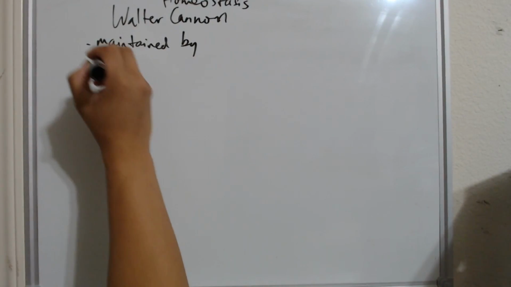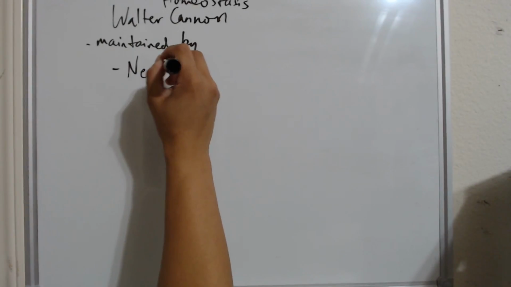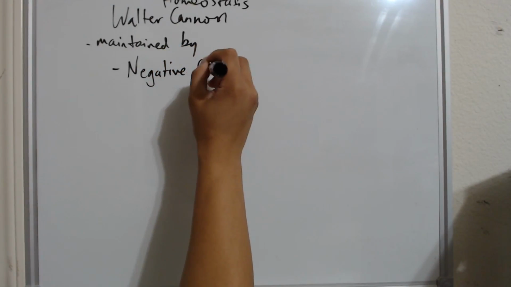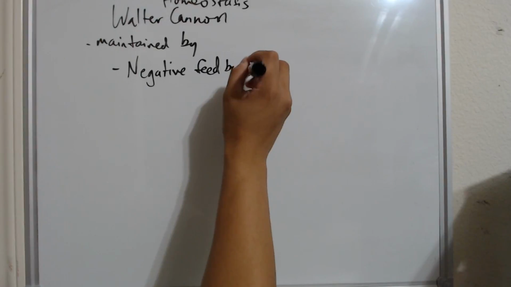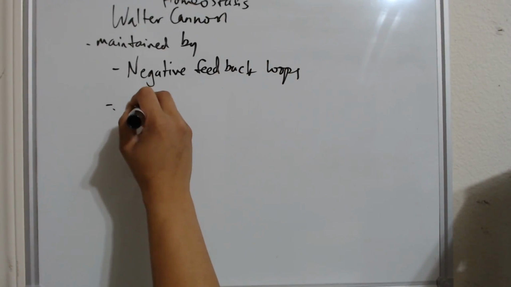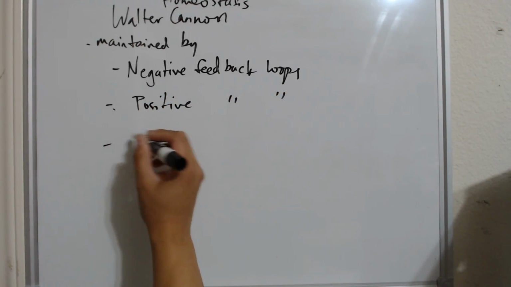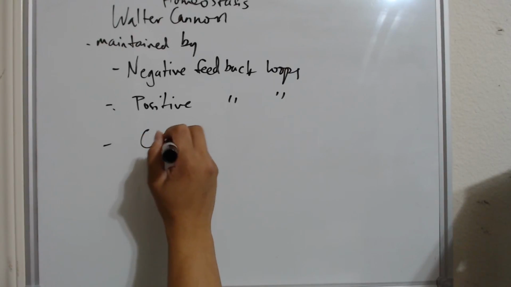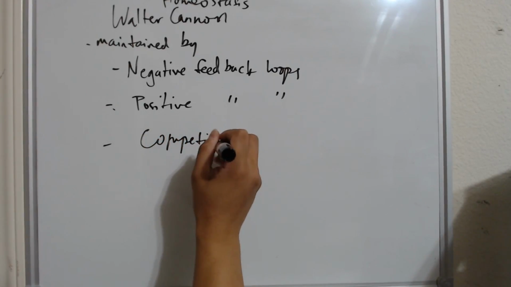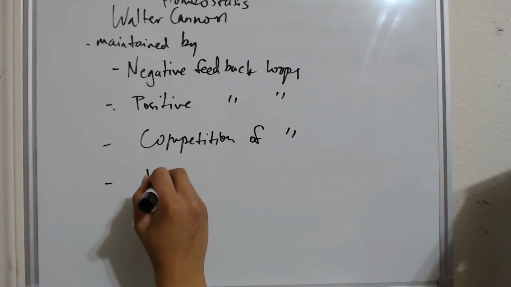It's maintained by negative feedback loops, positive feedback loops, just a bunch of loops. Competition of loops, and hierarchy of loops.